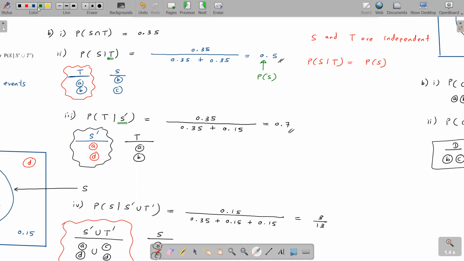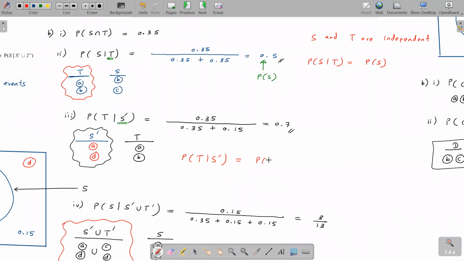This one, the probability of T given S dash. Since T and S are independent, the probability of T happening does not depend on whether S happens or not. So here, the probability of T happening given that the event S has not happened, since the events are independent, T doesn't depend on S. Whether it happens or doesn't happen, S has no effect.